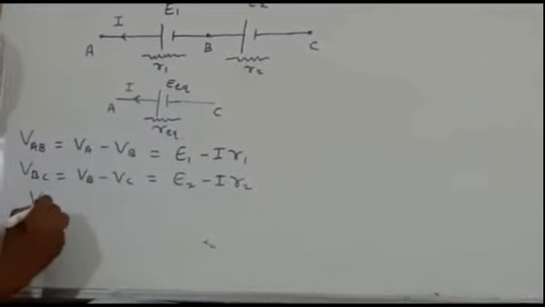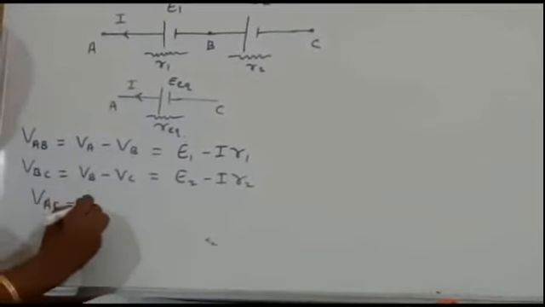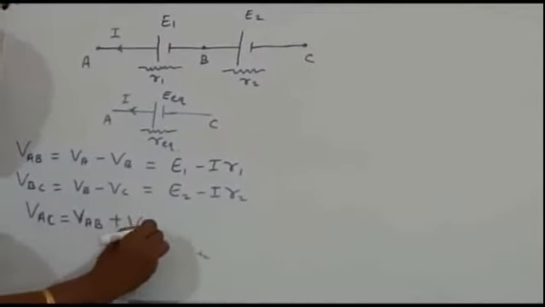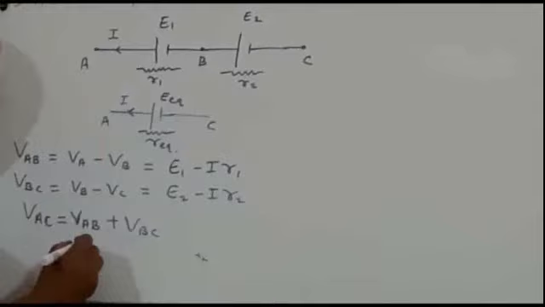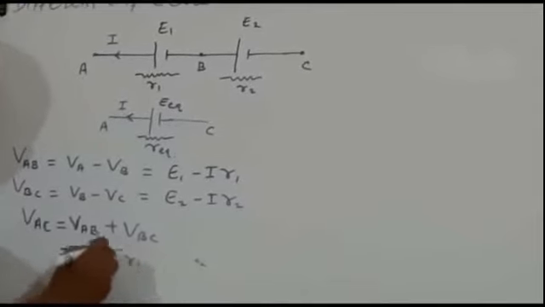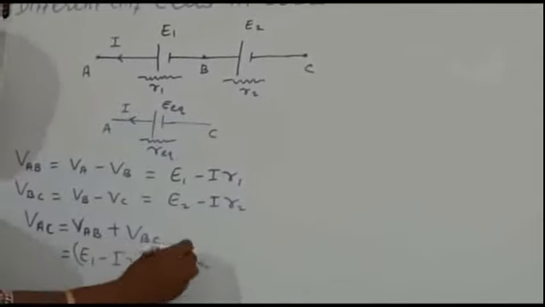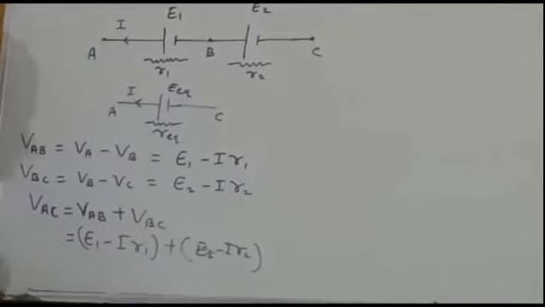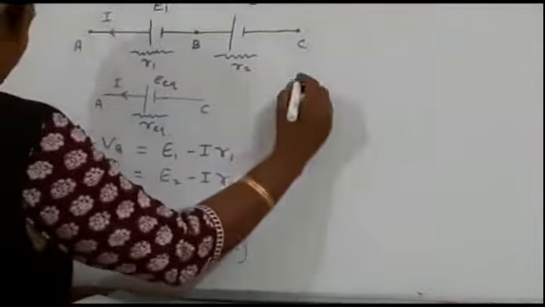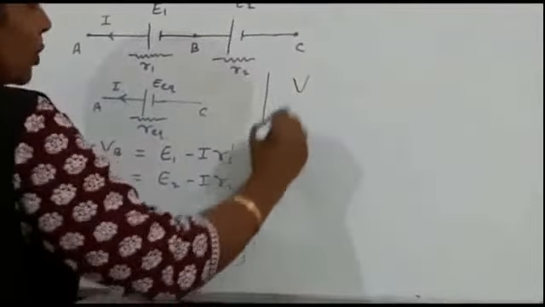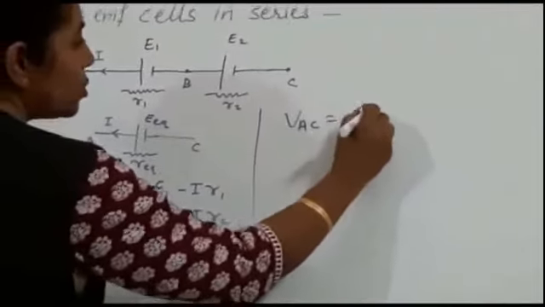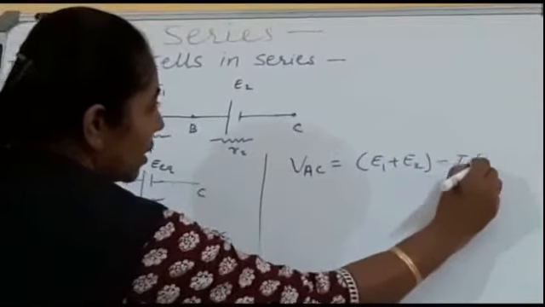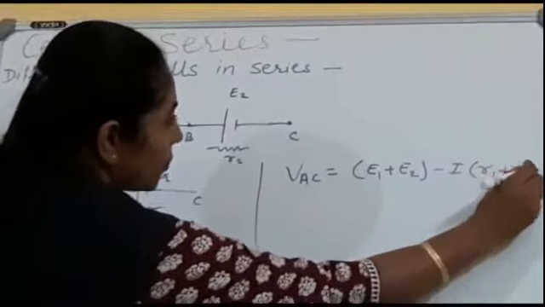Now we have to find out VAC. So VAC is VAB plus VBC. So add this, E1 minus Ir1 first plus E2 minus Ir2 for the second terminal voltage. So rearrange your equation. So you will get VAC is equal to E1 plus E2 minus I(r1 plus r2).